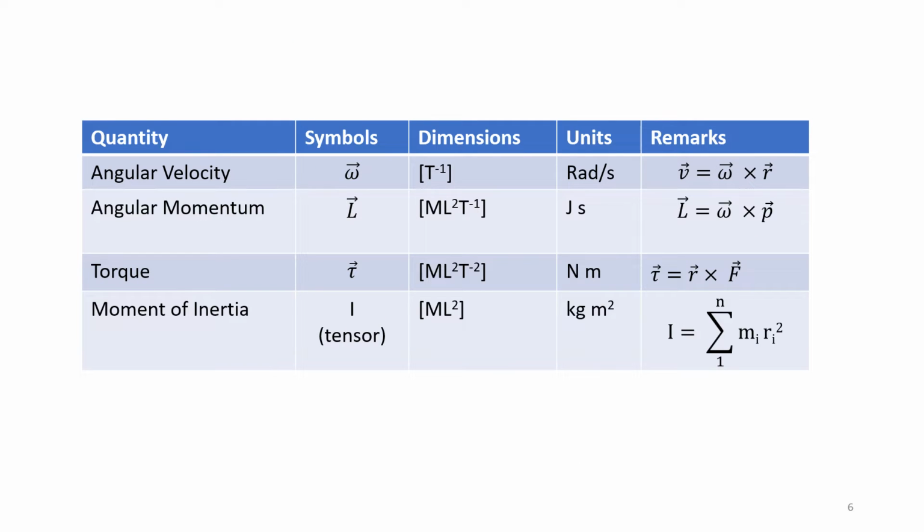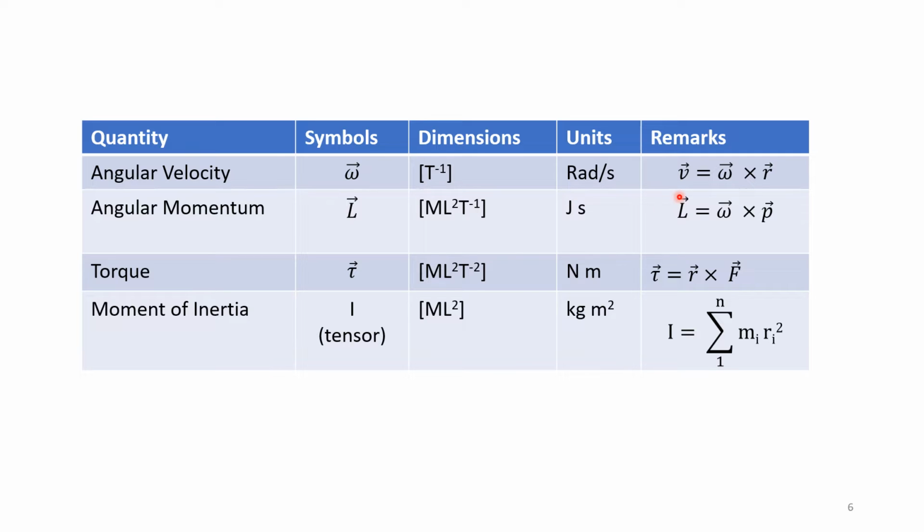Next we have a table giving the details of symbols, dimensions, units and remarks of angular or rotational motion. Angular velocity is represented by vector omega, its dimensions are T to the power of -1, and its unit is radians per second.